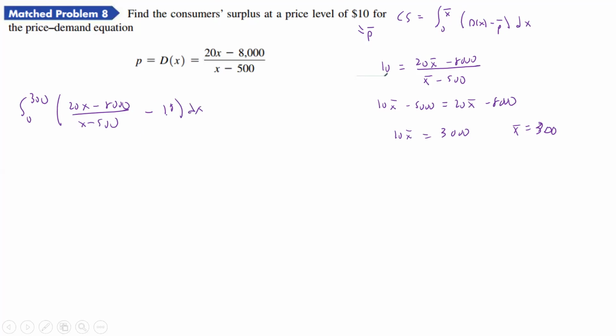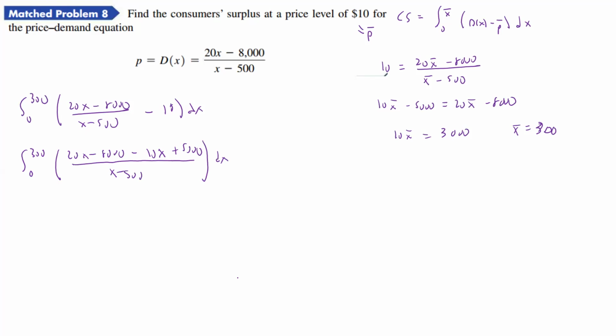Now we need a common denominator, which is x minus 500. So I'm going to multiply numerator and denominator by that and put it all in the numerator. I'm going to have 20x minus 8,000 minus 10x, plus 5,000, all over x minus 500 dx.